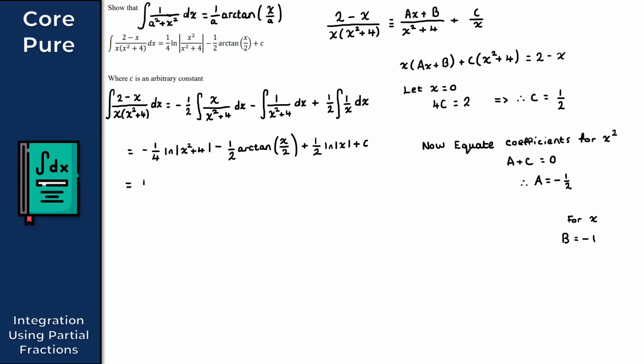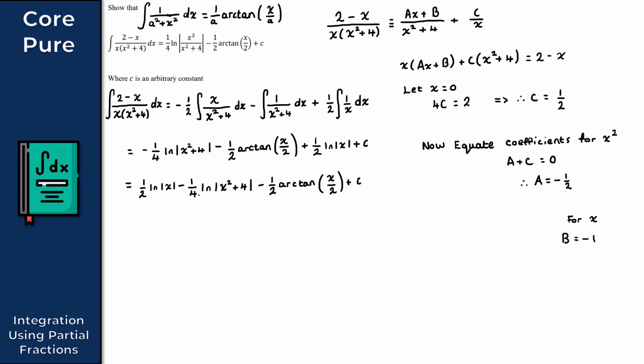So I get a half ln x, then minus 1 over 4 ln of x squared plus 4, and then minus 1 over 2 arctan of x over 2. Don't forget plus c, our constant of integration, just an arbitrary constant.